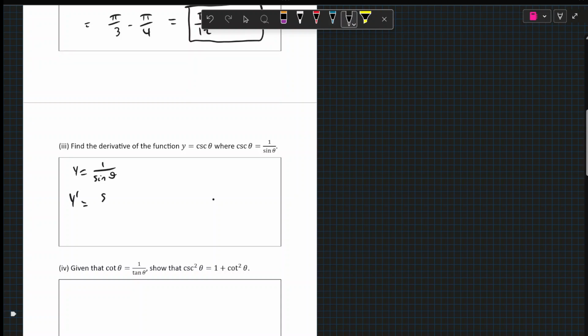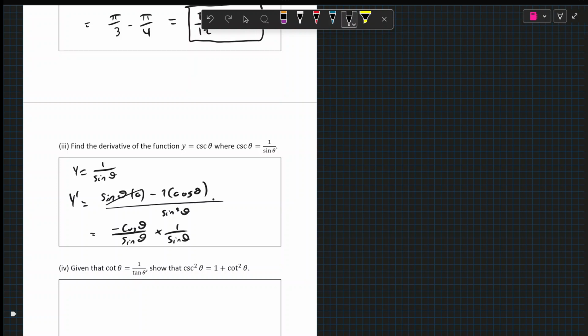So y dash equals the bottom times the derivative of the top, which is 0, take away the top times the derivative of the bottom, which is cos theta, divided by the bottom squared, which is sine squared theta. So this sine theta times 0 disappears, and this gets minus cos theta over sine theta times 1 over sine theta. That's just the way I'm going to write it.